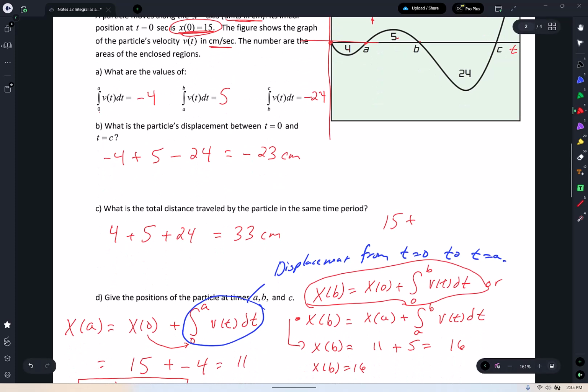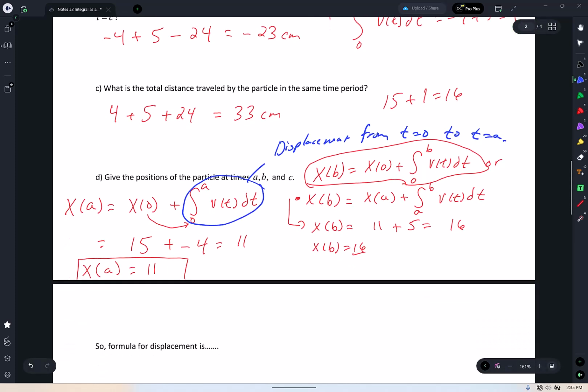See? So 15 plus 1. Oh, look. 16. OMG. Right? The integral from 0 to b of v of t dt, that's area under the curve. Negative 4 plus 5 is 1. Yeah, because it is signed area.